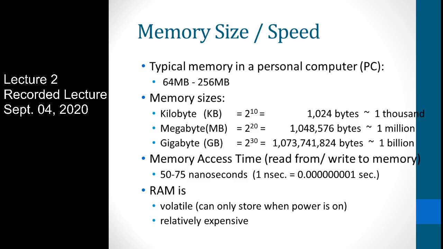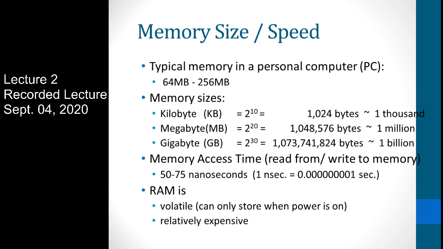Therefore, it requires fast memory. Okay? So, hindi natin pwedeng ikabit ang hard drive para i-access ng CPU. Bakit? Napakabagal ng hard drive kung ikukumpara mo sa takbo ng CPU. Okay? So, fast machine needs fast memory.